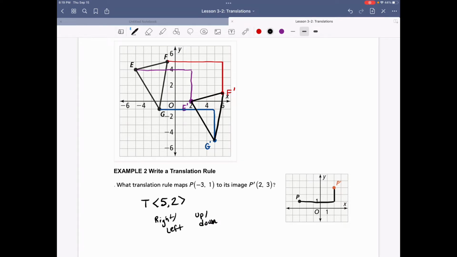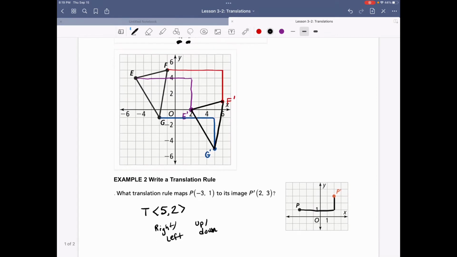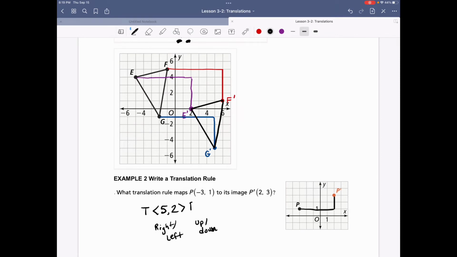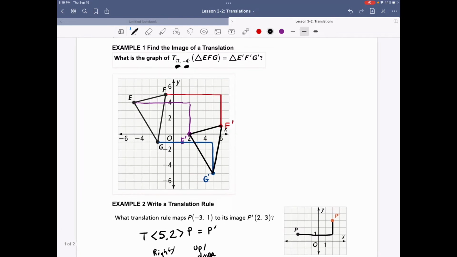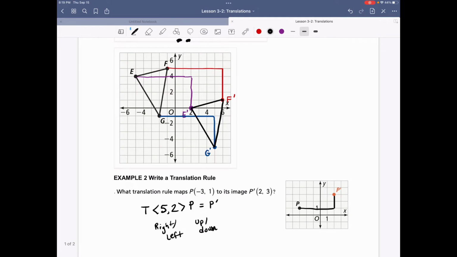We put a T in front of it because it's a translation. And that's going to be T of P equals P prime. That's what we do for writing a translation rule.